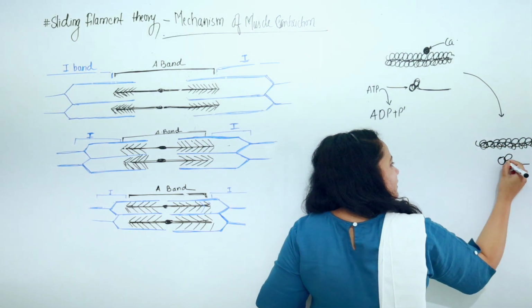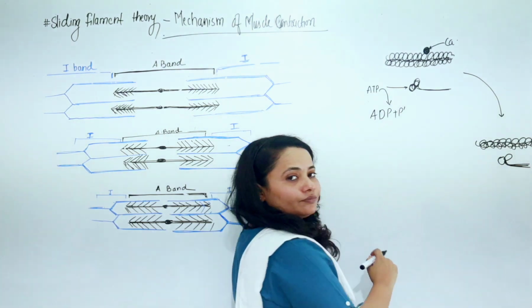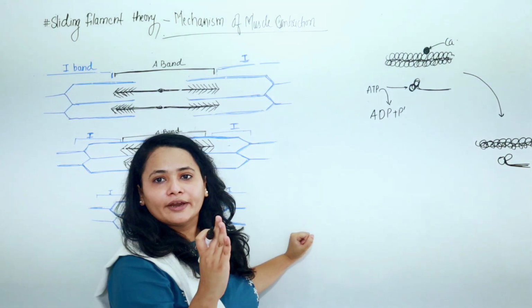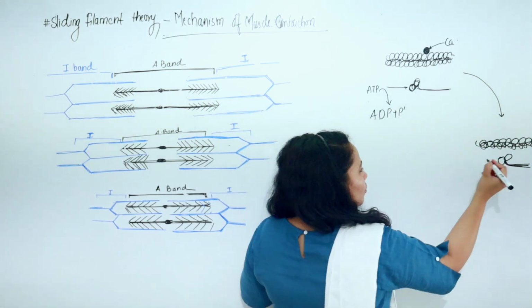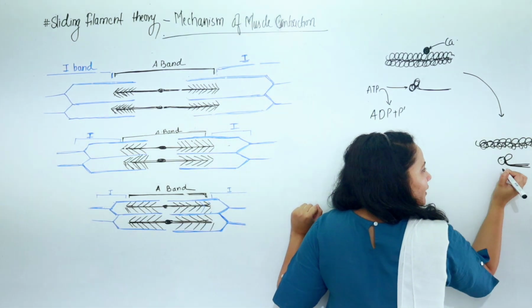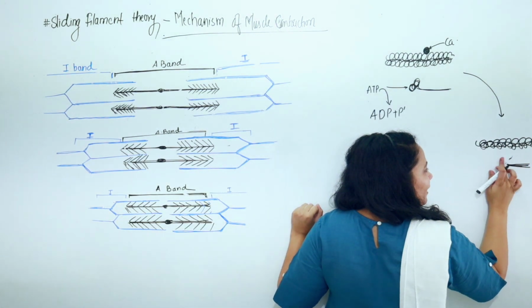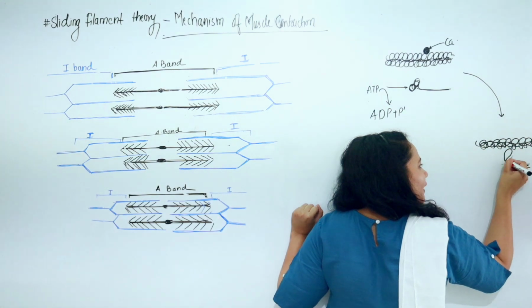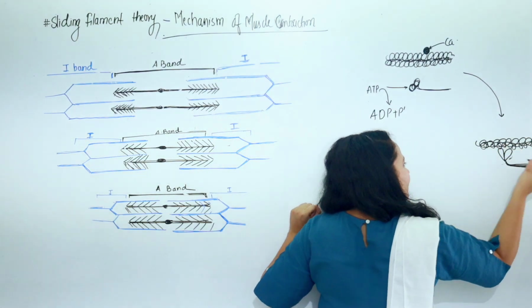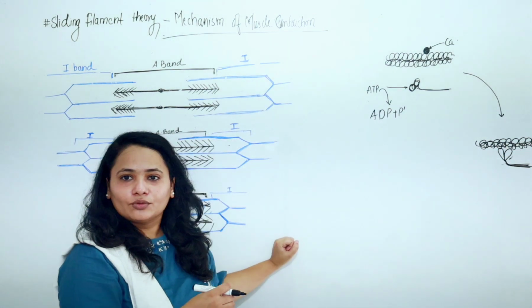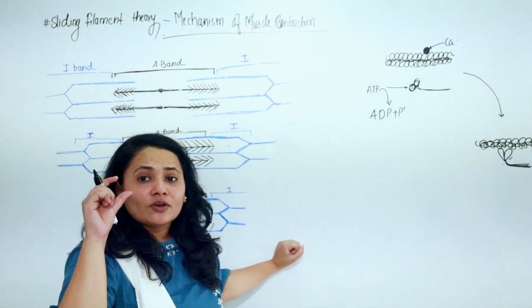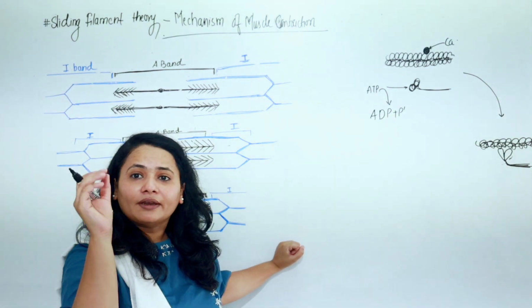The myosin head is lifted up. What is lifted up? Myosin head is lifted up. So, once the myosin head is lifted up, what will happen? It will get bound to the actin, because the myosin head has an actin binding site.